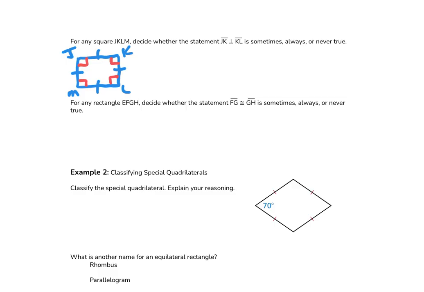In a square, will those two sides always form a 90-degree angle? Yeah, because all of our angles in a square are always 90, right? And so this is always true. All angles equal 90 degrees. So those sides will always be perpendicular to one another. I could say the same for any of those sides. All four sides would be perpendicular, okay?